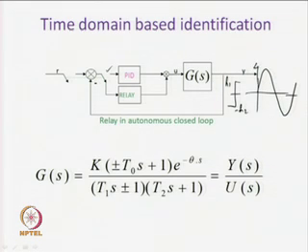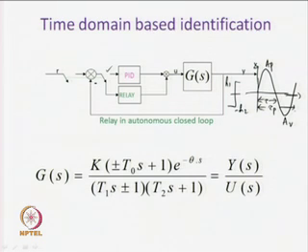This sustained oscillatory output can give us 4 measurements, namely the peak amplitude A p, the negative peak amplitude A v, and 2 spans, tau and tau p, where tau p is the period of the sustained oscillatory output.